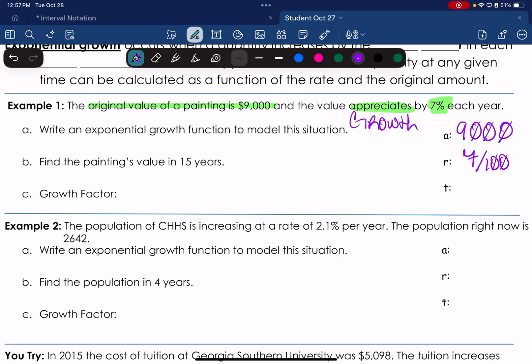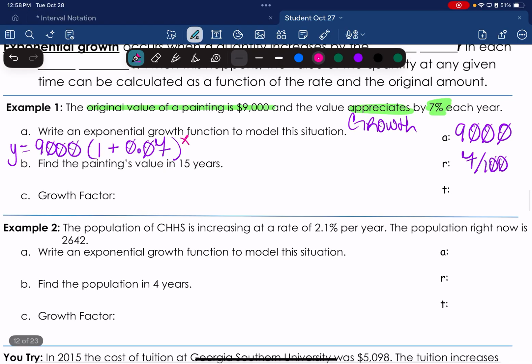So we need to know what our function is. My equation is going to be Y equals 9,000 times 1 plus, the plus is representing the growth, 0.07. Where did I get 0.07 from? Dividing 7 by 100, that is the rate.